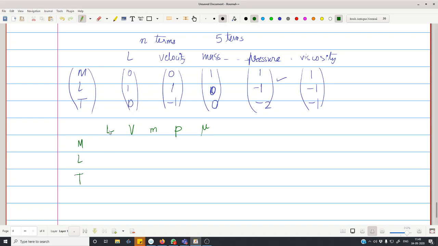Let us write it like this: 0, 1, 0, 0, 1, minus 1, 1, 0, 0, 1, minus 1, minus 2, 1, minus 1, 1. So in this particular case, what is the rank of this matrix?